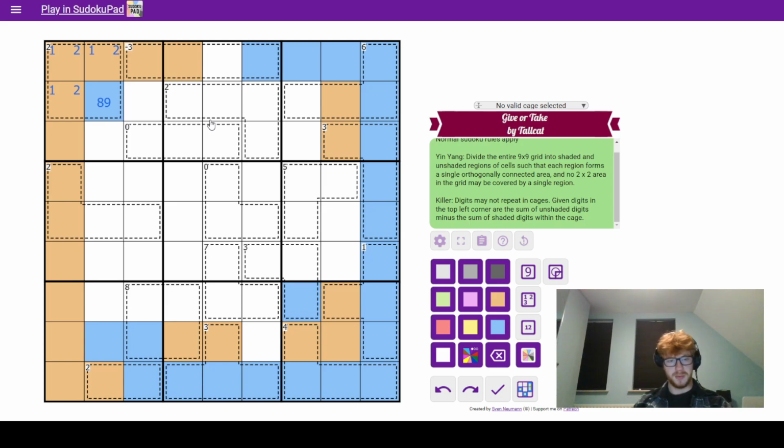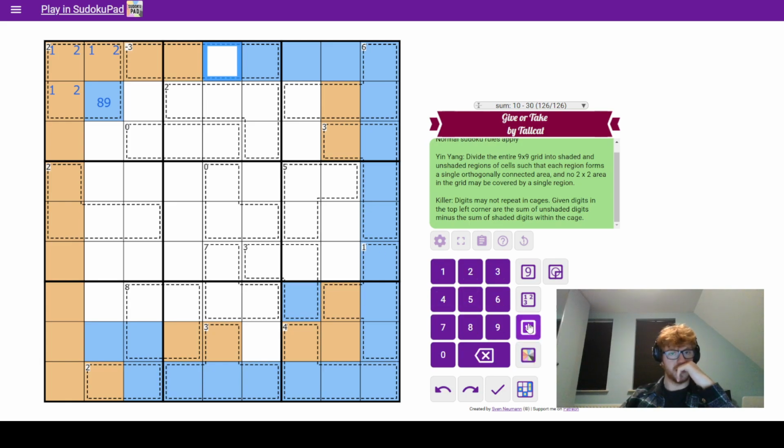Blue minus orange. So orange has to be 3 more than blue. 3 more. Hmm. No, it doesn't work the other way around, does it? Because if these were all orange, 3 bigger than blue, they could be like 12.